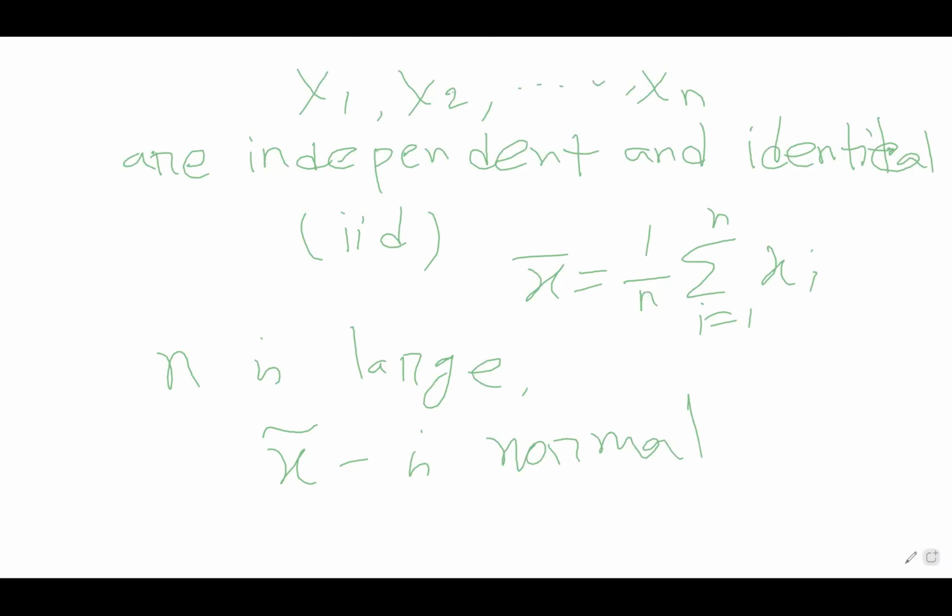So now we know that x bar, the sample mean, has a normal distribution. But we do not know the mean and the variance of this distribution. So how can we calculate them?